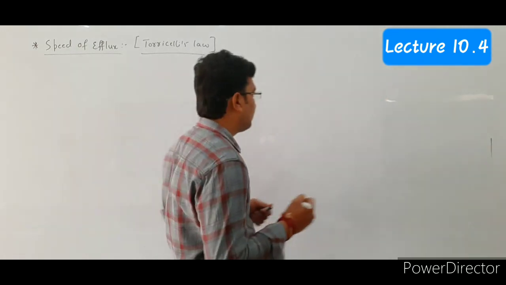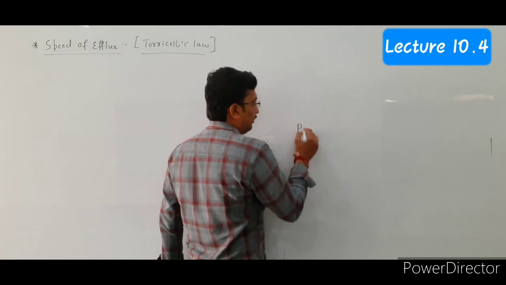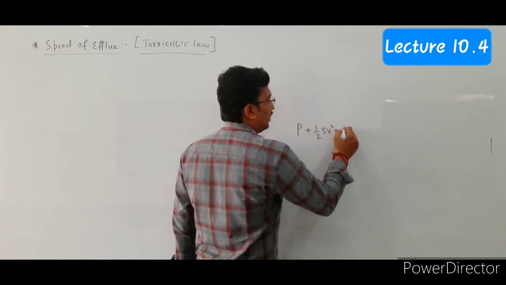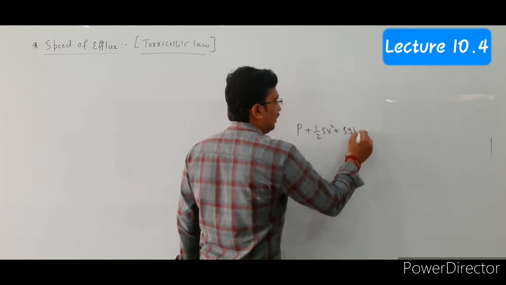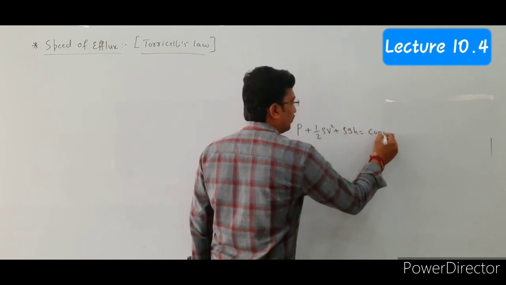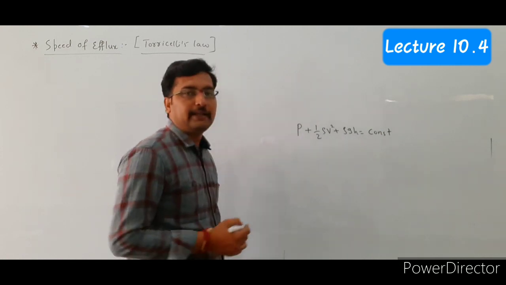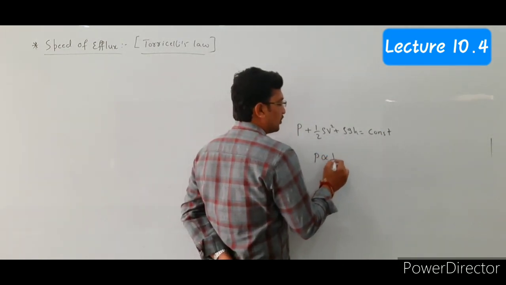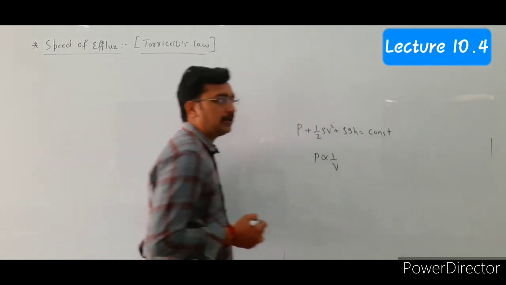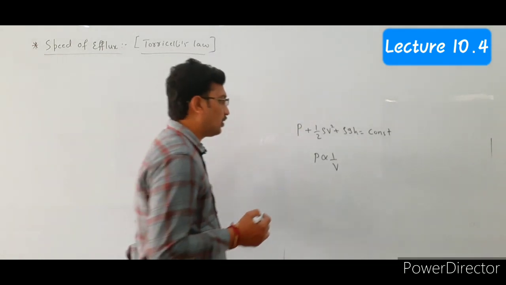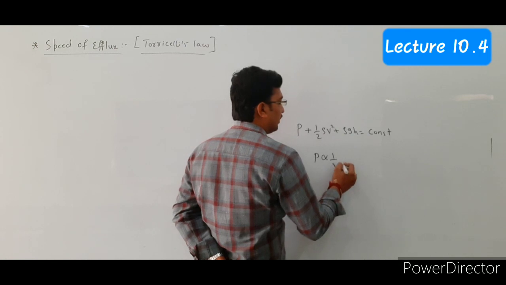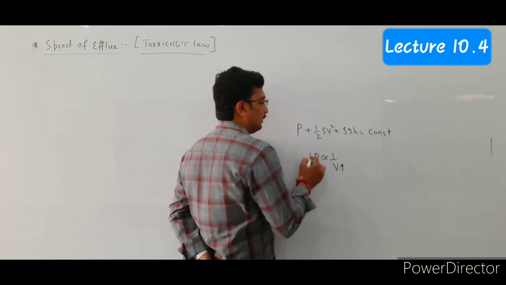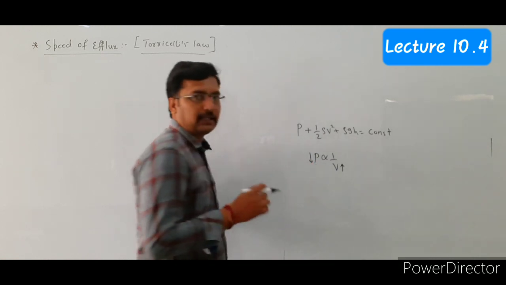See here, the sum of pressure energy P plus kinetic energy plus potential energy per unit volume is equal to constant. From this principle, the pressure is inversely proportional to the velocity. If the velocity of the fluid or the gas is more, the pressure at that point is less.